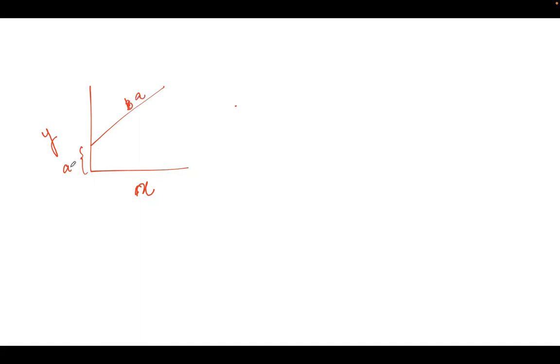Sorry, this is A, this is B. So you're writing Y is equal to AX plus B. A is giving you units of Y by X, so you can have this in terms of just 1 unit of X. That's the funda of this thing.